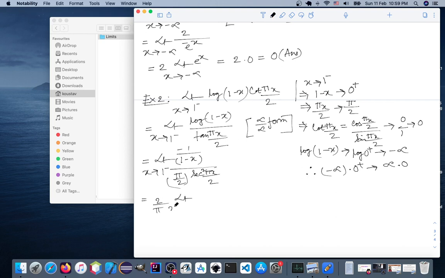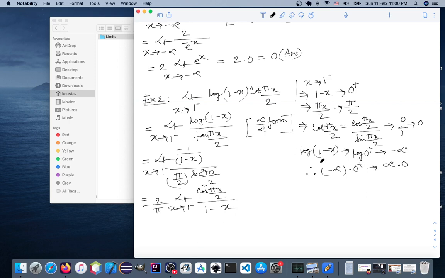Limit x tends to 1 minus. Let's bring the sec square up, and since over here we have a minus, bring the minus outside as well. We get cos square(pi x by 2) divided by 1 minus x.